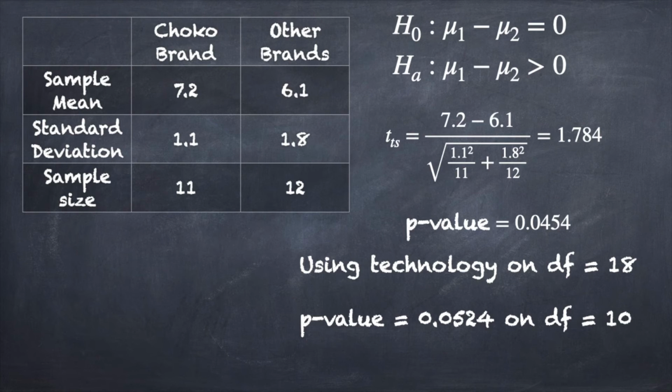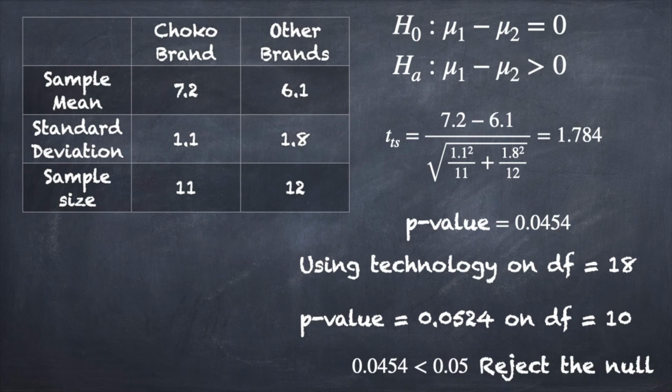So I'm going to go ahead and use the output from the technology, because that one is more accurate and is what should be used, rather than the sample size minus 1. Based off of this, technically speaking, the p-value is smaller than the alpha level, so we will reject the null hypothesis.